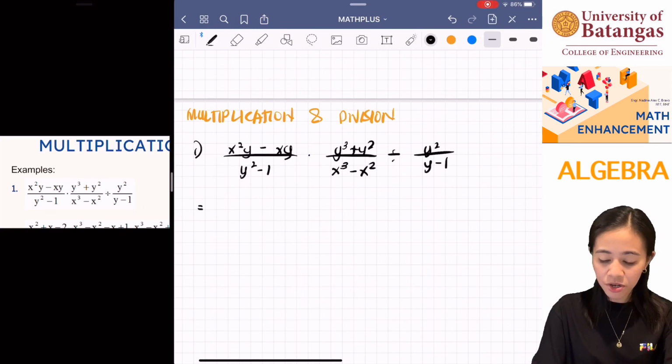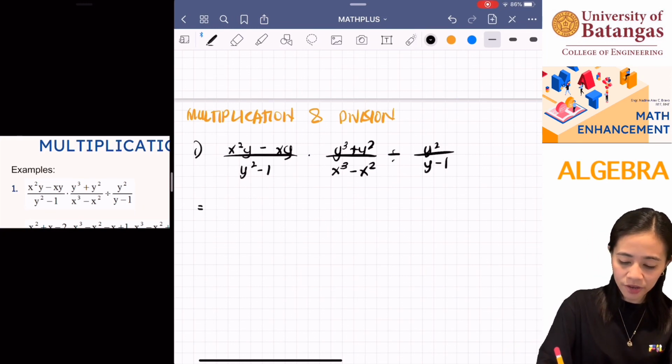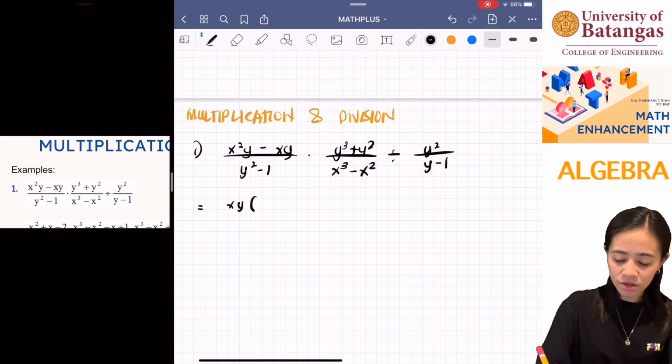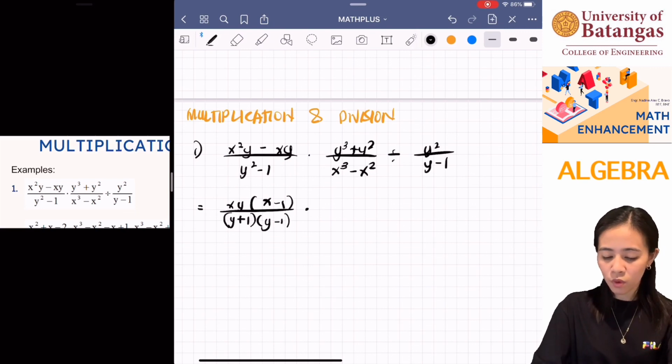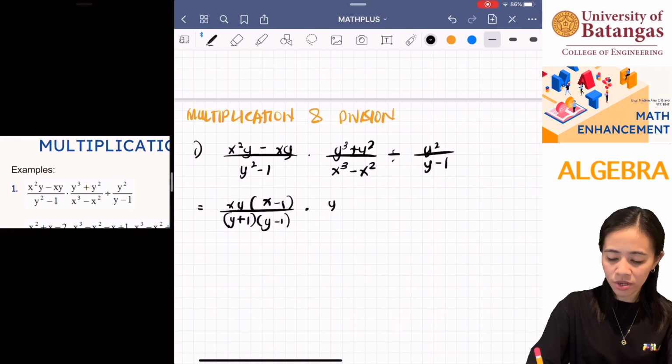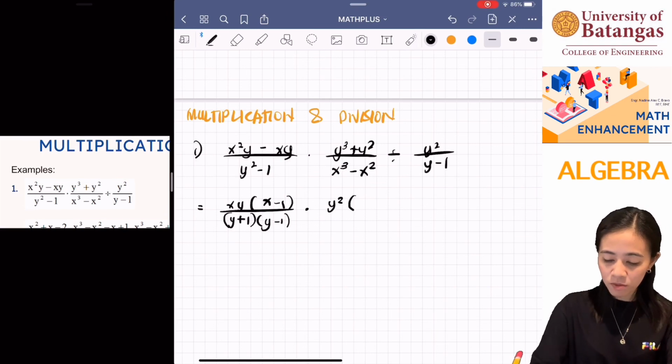Dito, in the first fraction, common si xy. Second, factor that out. You'll be left with x minus 1. Di ba? All over, y squared minus 1 is a difference of squares. So, you have y plus 1 and y minus 1. Okay. We multiply this with y cubed plus y squared. So, common si y squared dito. So, times y plus 1.